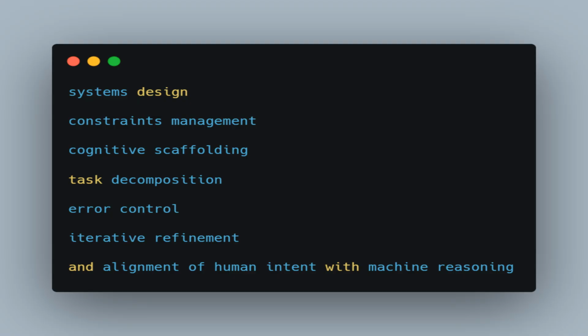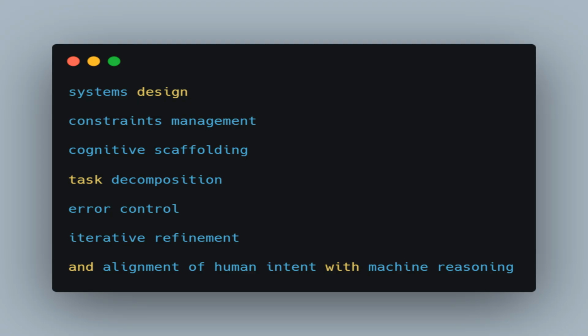So, the science of designing input that reliably shapes the behavior, reasoning, and output of large language models is software engineering. Prompt engineering. So it's not a trick. It's not a magical phrase, or I can say better English.